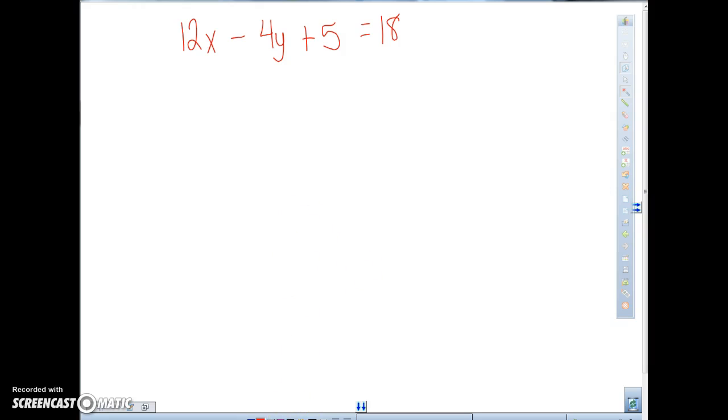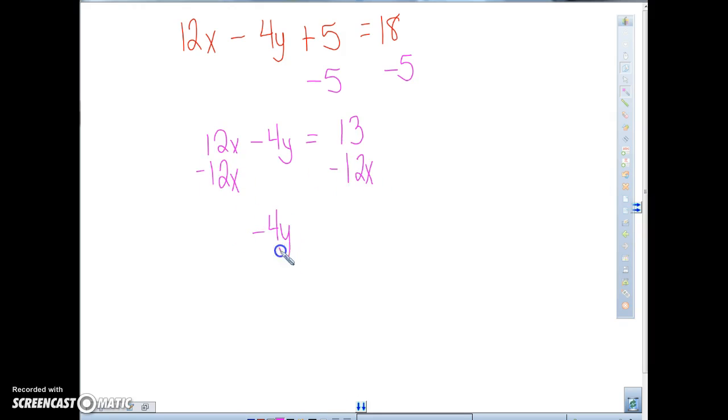So what we're looking for is y, and I would subtract the 5 over first, because you can combine the 18 minus 5 because they're like terms with each other. So 18 minus 5 is 13. Then I would subtract the 12x.